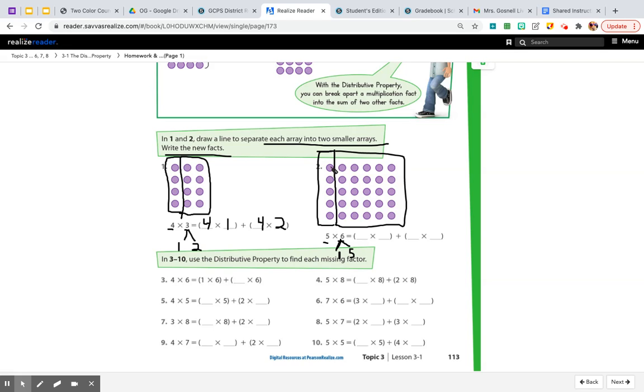I have 5 rows here. 1, 2, 3, 4, 5. What did change is I now have 1 column. I only split my columns up. Here, notice how I still have 5 rows. That's my first factor. Always, always, always. And notice the only thing that changed was my columns. I have 5 columns now.